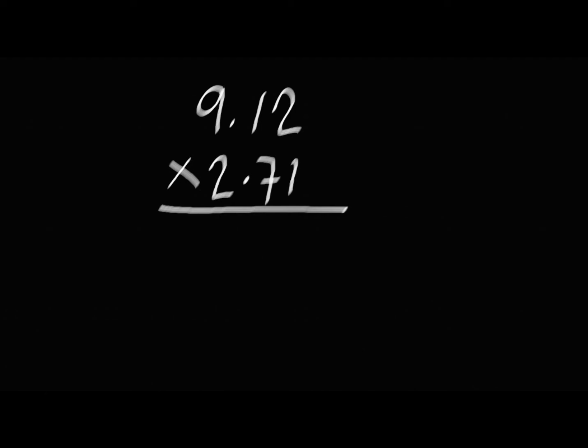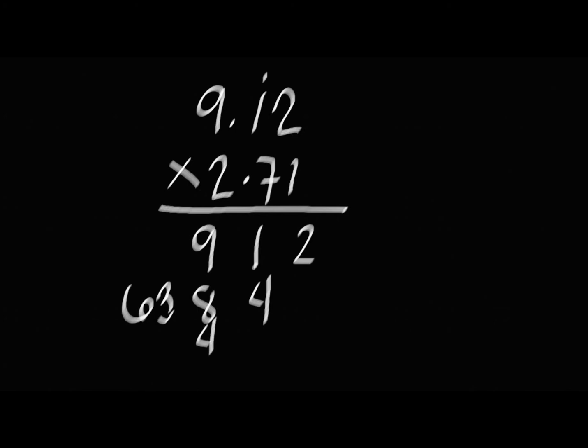1 times 2 equals 2. We have 1 and 9. 7 times 2 equals 14. We write 4 here. Regroup 1. 7 times 1 equals 7, plus 1, that is 8. 7 times 9 equals 63. 2 times 2 equals 4. 2 times 1 equals 2. 2 times 9 equals 18.